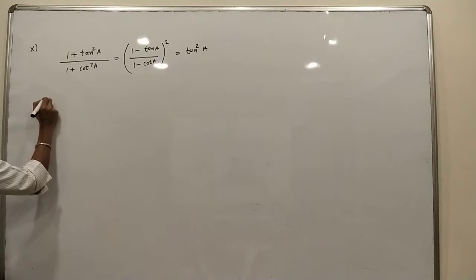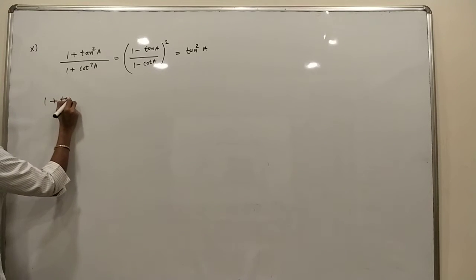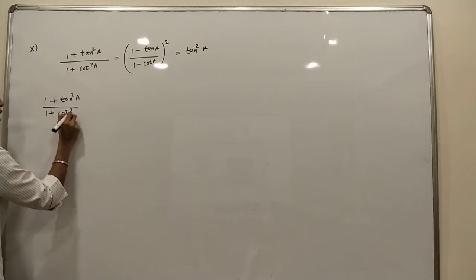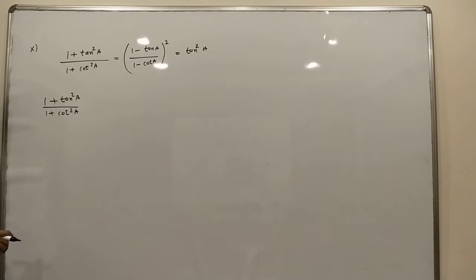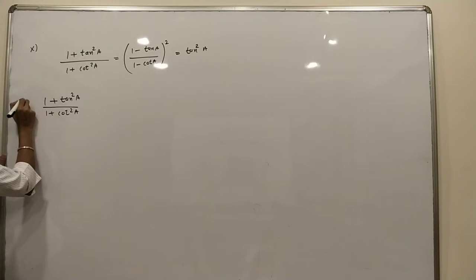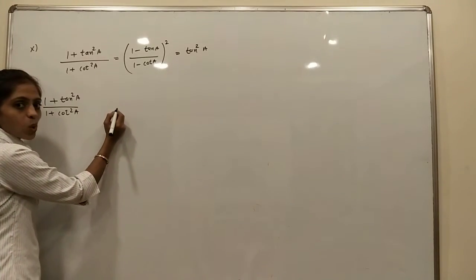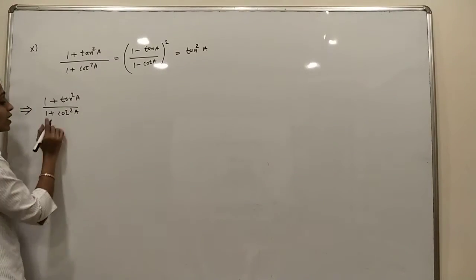Now first option: 1 plus tan square A upon 1 plus cot square A. Now for the squares we can use the formula. Number 1: 1 plus tan square theta is sec square theta.